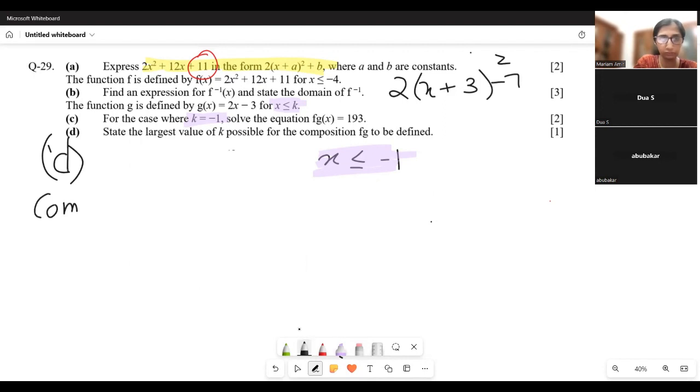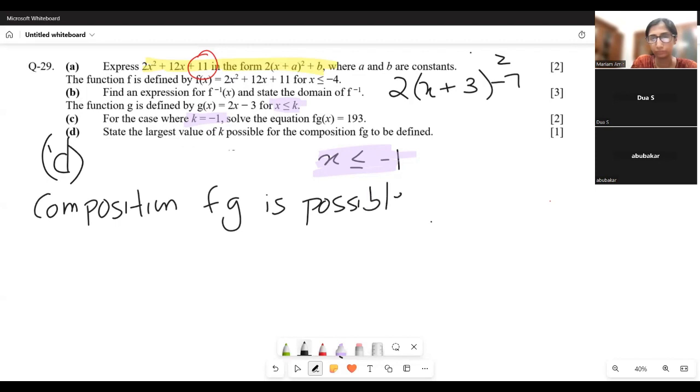Composition fg is possible when what of what equals what of what? Who remembers this? The domain lies in the range.